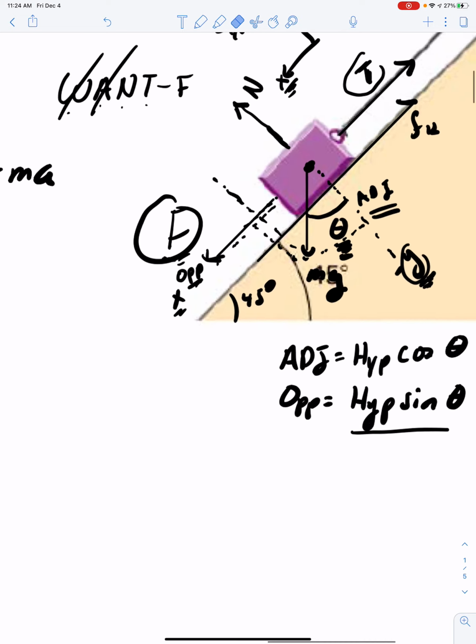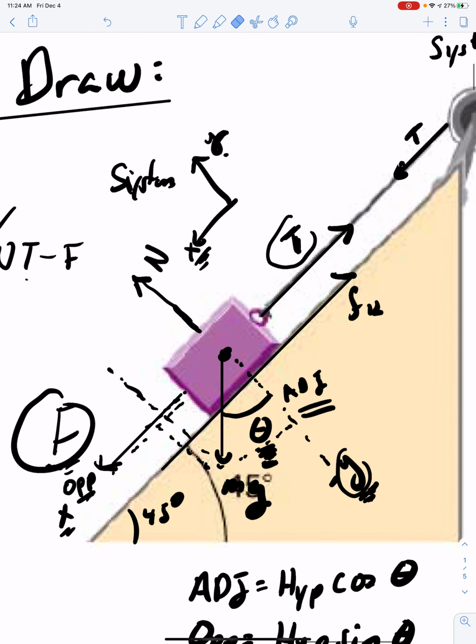Because it is moving in the x direction, but not moving in the y direction. There's no motion going on in the y direction because we're following our coordinate system.